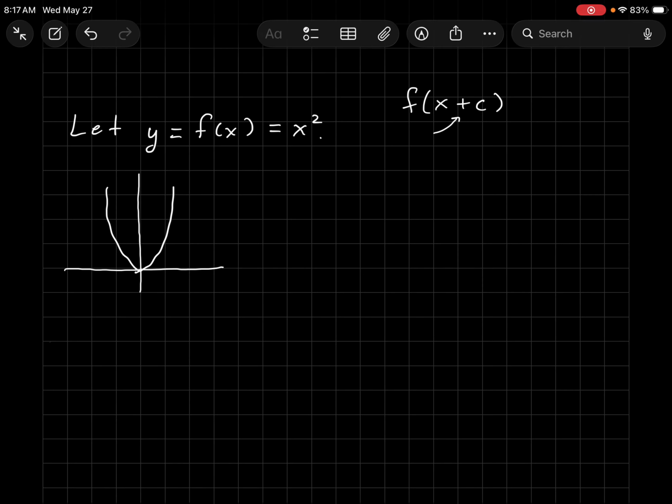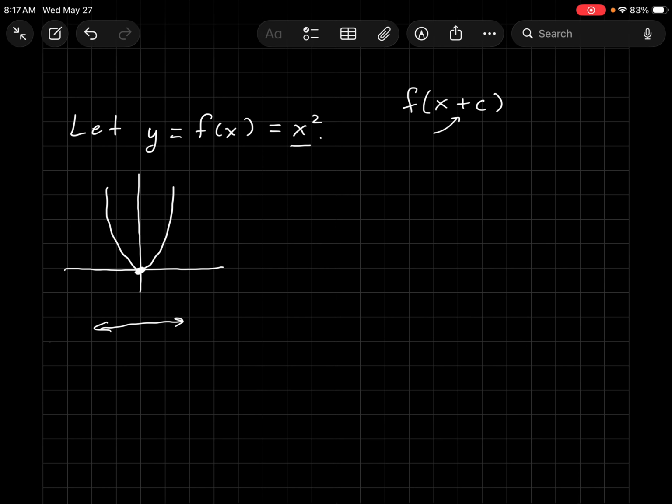To understand what's going on, let's go back to our original function y equals x squared, and let's look at this point right here. Really, if I know how that one point moves, I understand how the rest of the graph moves, because everything that's inside parentheses is going to affect the x value, meaning some sort of left or right movement or stretch or whatever is going on.